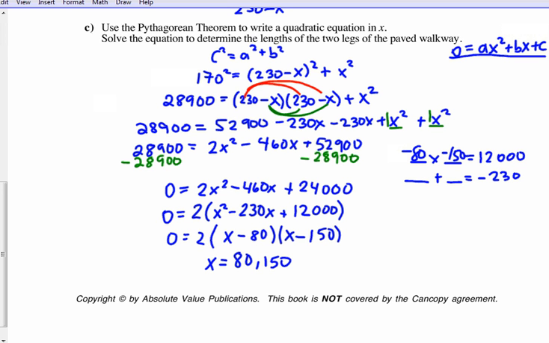The reason why is if one of them is 80, then the other would be 150. If one's 150, the other's 80. So therefore one leg is 80, and the other was 230 minus 80. What's 230 minus 80? 150, right? And the other is 150.